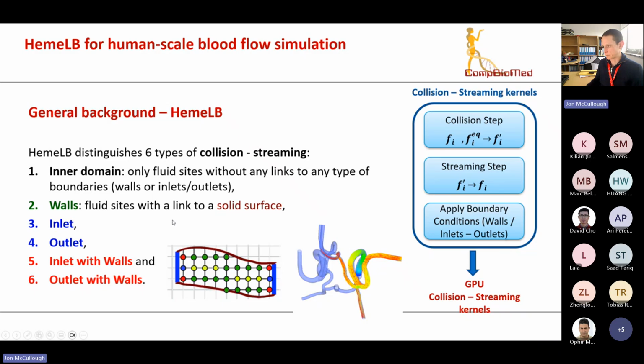And so the collision, stream and boundary condition kernels have been put into specific kernels in the GPU. If you do any profiling on the GPUs, you'll see things like fluids plus wall sites, for example, as one of the main kernels that are occurring. That's doing the updates of these sites, which are as labeled.